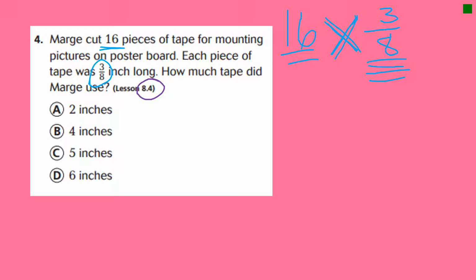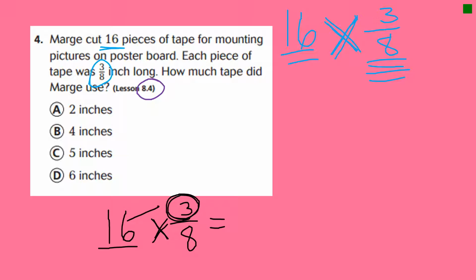All right, so let's take a look at this. So it's a whole number times a fraction. Okay, I'm going to rewrite this. I'll write it down here. 16 times 3/8. Okay, so we have 16 pieces of 3 out of 8 inches.